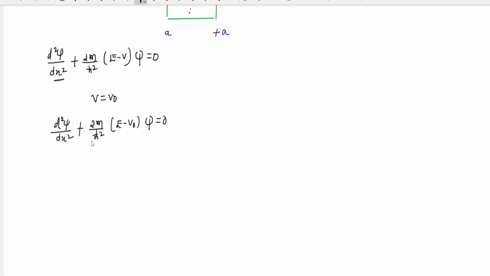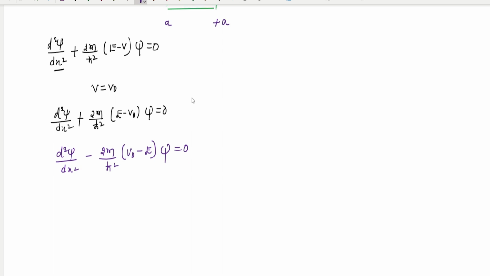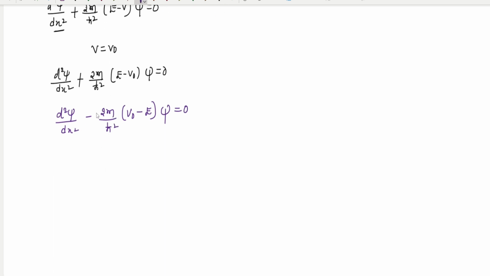We can't leave the equation like this, so I'm going to modify it: d square psi divided by dx square minus 2m divided by h cross square into V naught minus E times psi equals 0. After finishing, maybe you can get an idea why I'm using this form here.